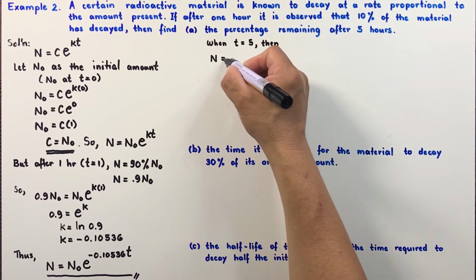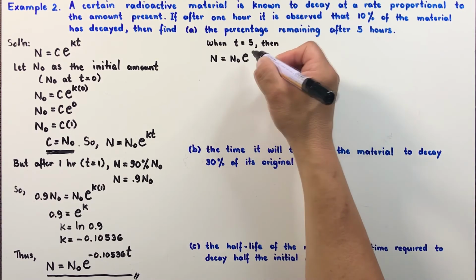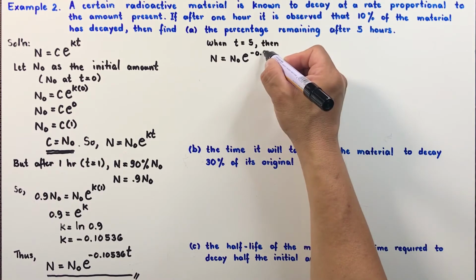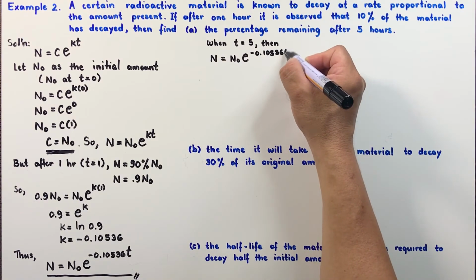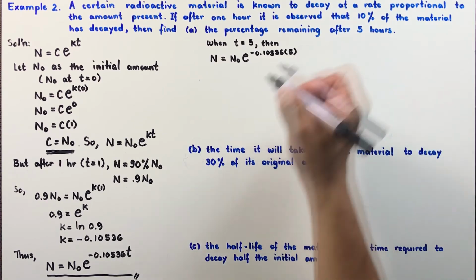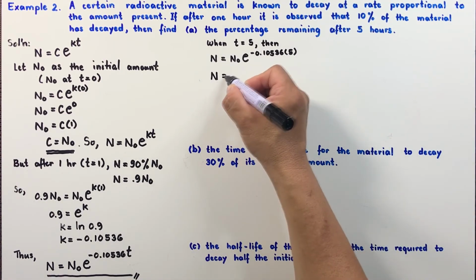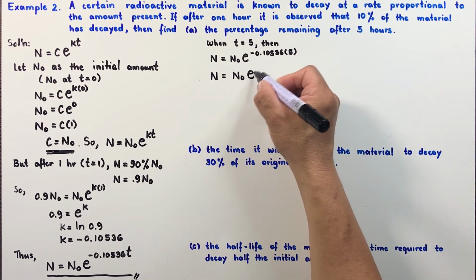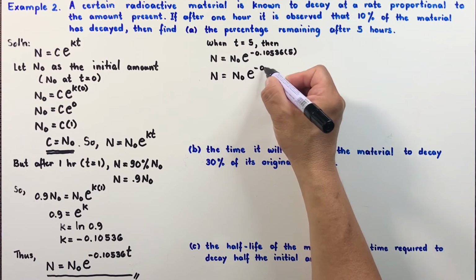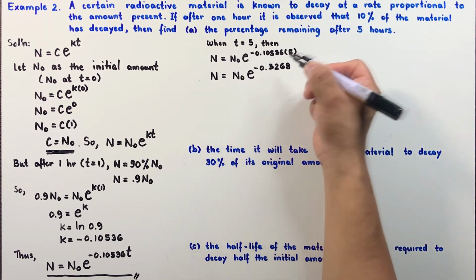Big N is equal to N₀ e to the power negative 0.10536 times 5. And using our calculator, we have N₀ times e to the power of negative 0.5268 here.